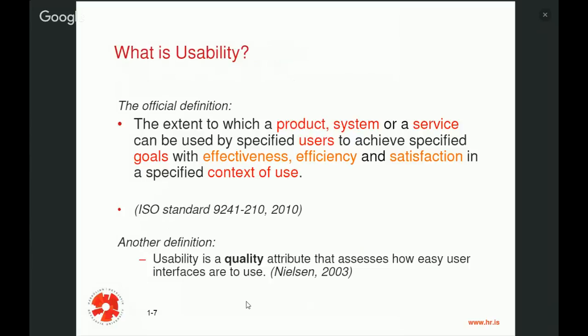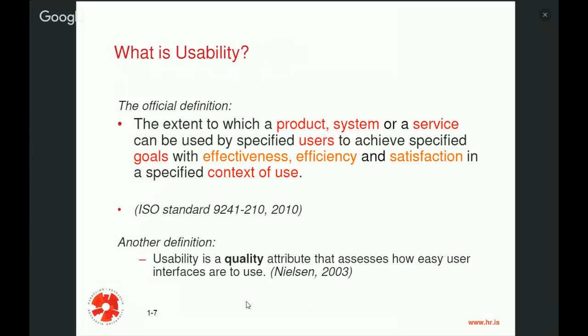So it's very compact. We have the product, system, or service. That is what you are making. That is actually what you have visions to make. And you want that to be used by specified users.